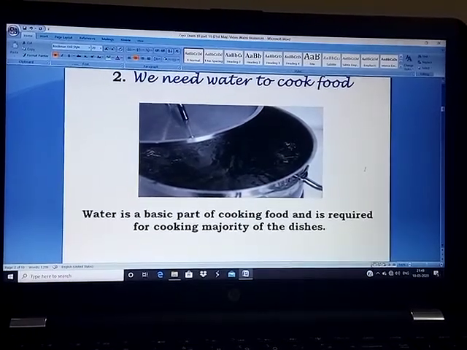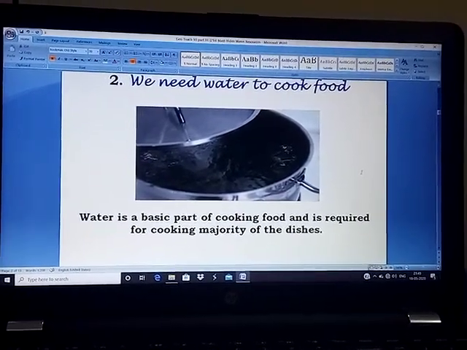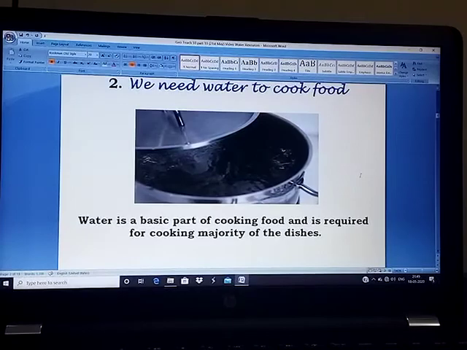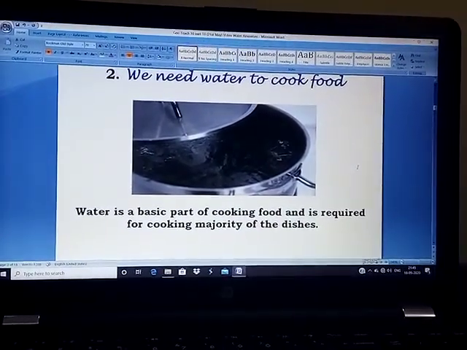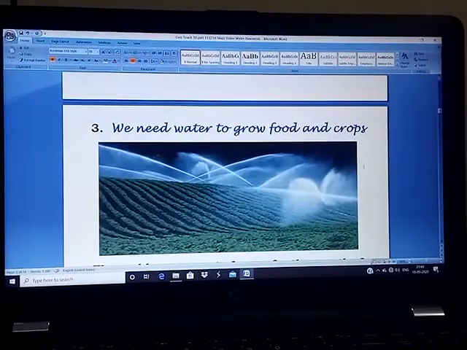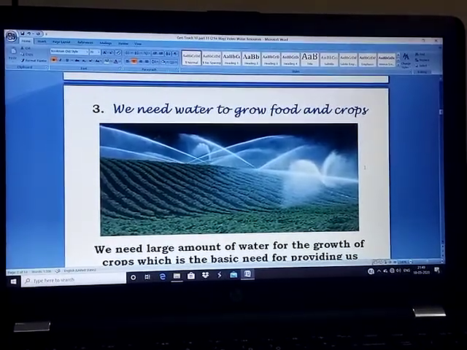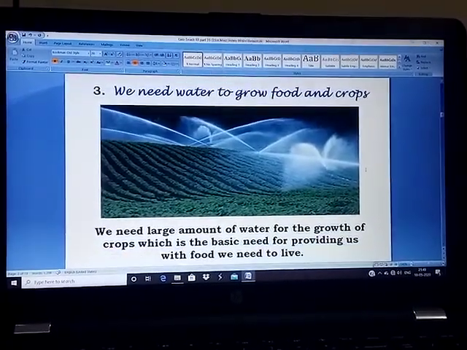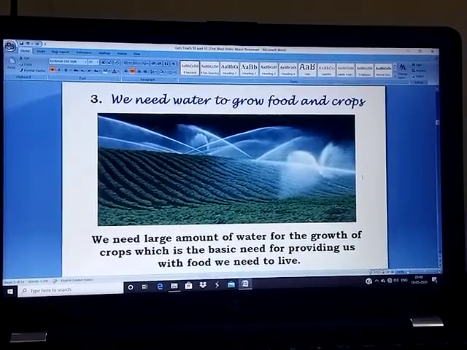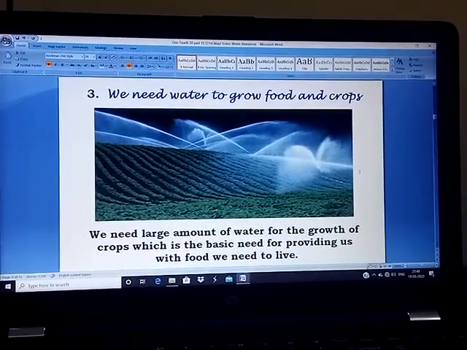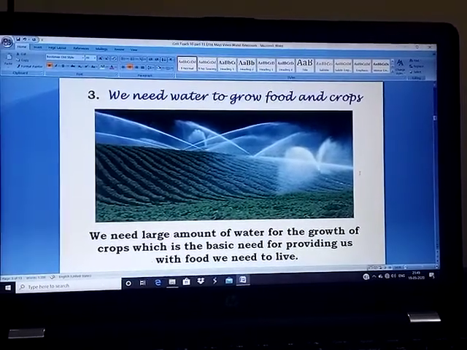We human beings, water is a basic part of cooking food and is required for cooking majority of the dishes. We need water to grow food and crops. We need large amount of water for the growth of crops, which is the basic need for providing us with food we need to live.